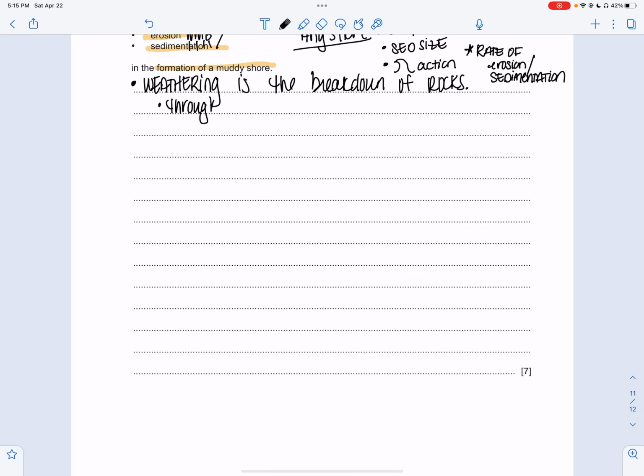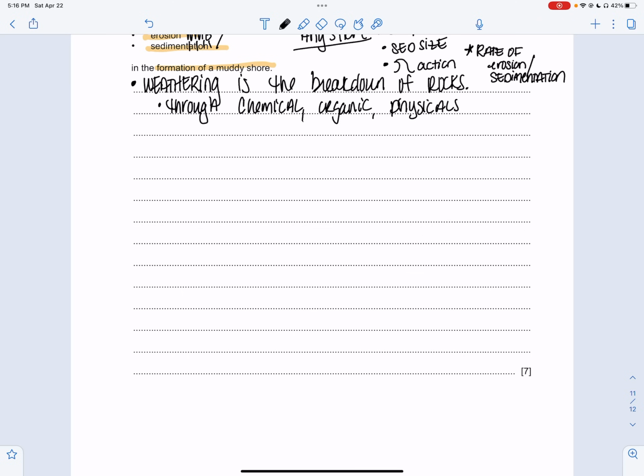Okay, and so we're going to say through chemical, organic, or physical means. Physical weathering is going to be like somebody standing on it, breaking it. Something too heavy on a rock, breaking it. Chemical would be the influence of oxygen or water within a rock. It could be a little bit of both. It could be the repeated freezing and thawing and then it's cracking and causing a lot of fractures in the rock.